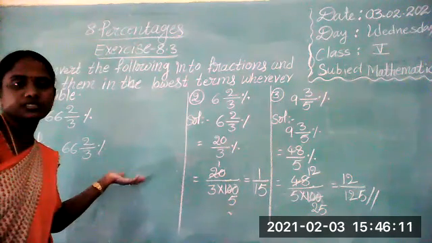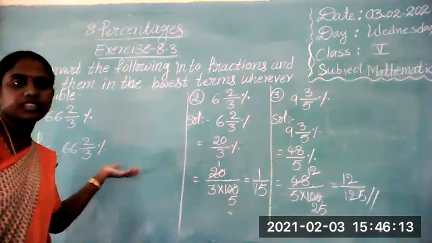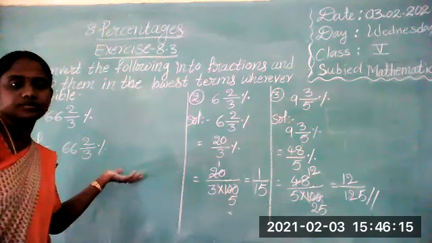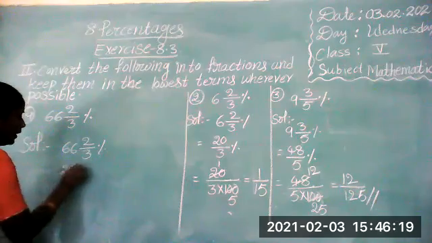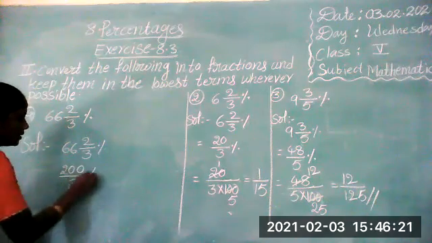Say faster. 198 plus 2, 200. 200 by 3 percentage.